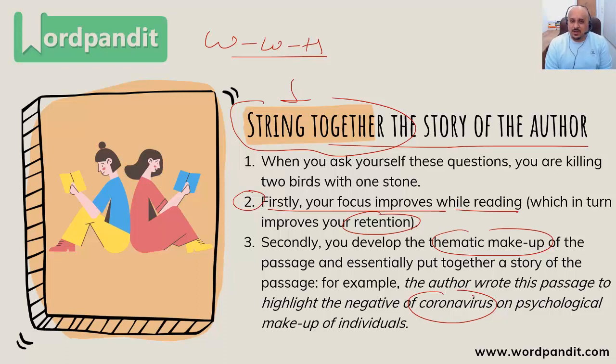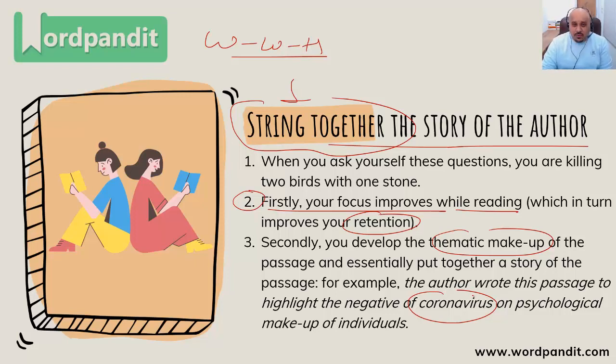First, this is about the coronavirus, which is broadly the subject of the passage. What has he talked about in this particular context with respect to the subject? He has probably given us different examples, and he's telling us what the impact of coronavirus is on the psychology of individuals. How does it psychologically impact individuals?